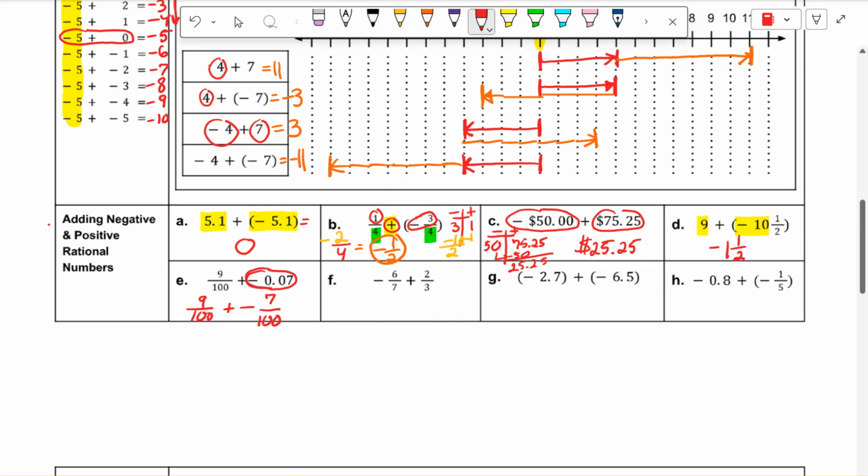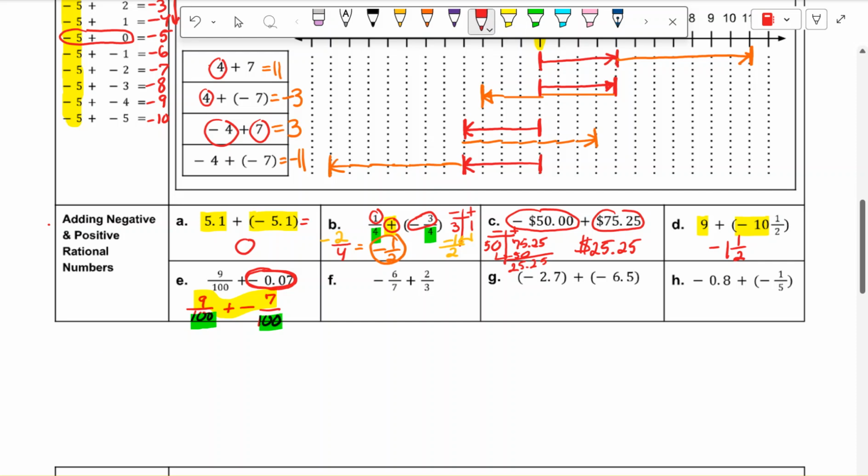If you know how to say your decimals, you're actually saying the fraction out loud. All right, so we have more positives, 9/100ths, than negatives, 7/100ths. And so our denominators match, and that's a good thing. So we can add the numerators. So 9 plus negative 7.